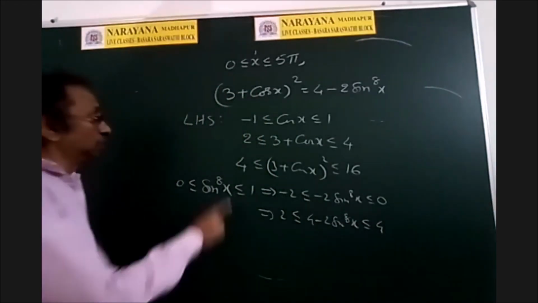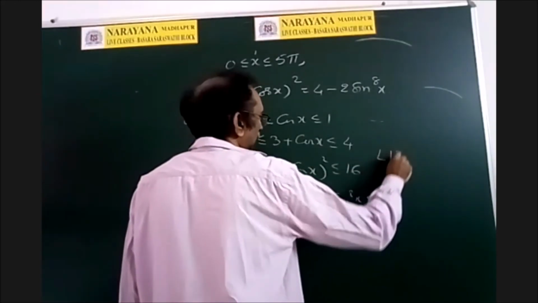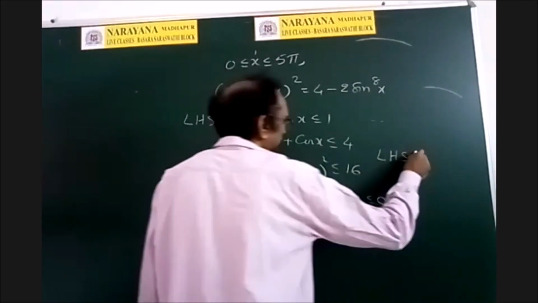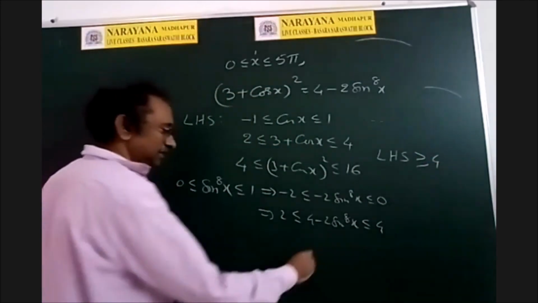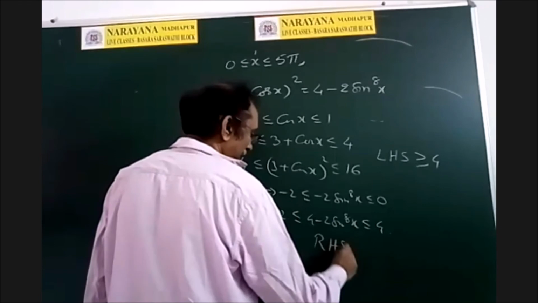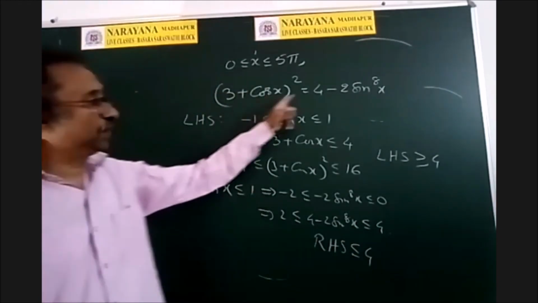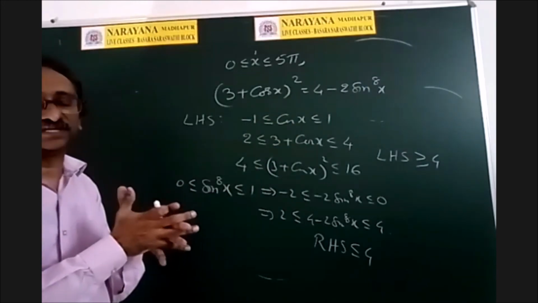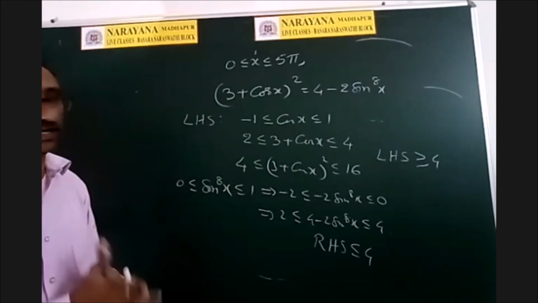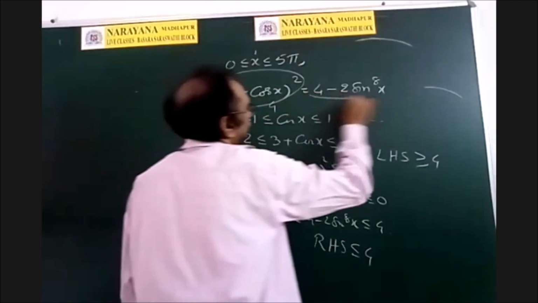So the left hand side is greater than or equal to 4, and the right hand side is less than or equal to 4. These two are equal only if both expressions are equal to 4. Therefore, this must be equal to 4 and this must be equal to 4.